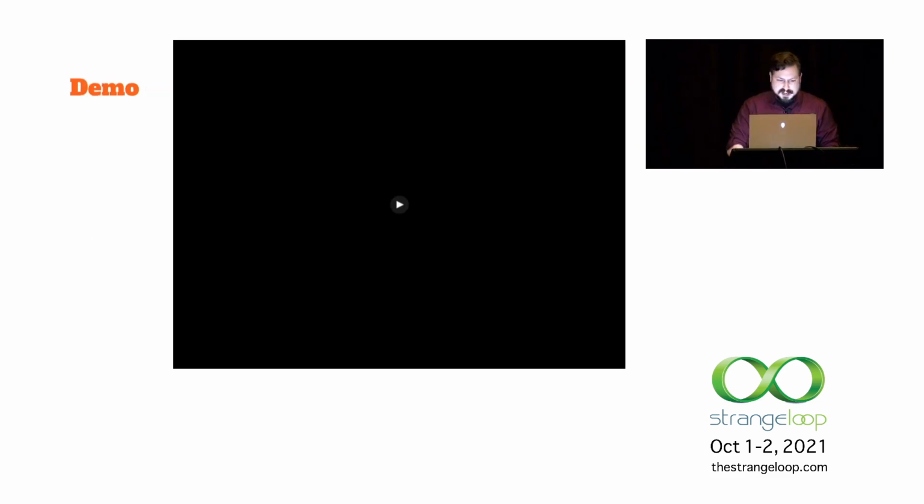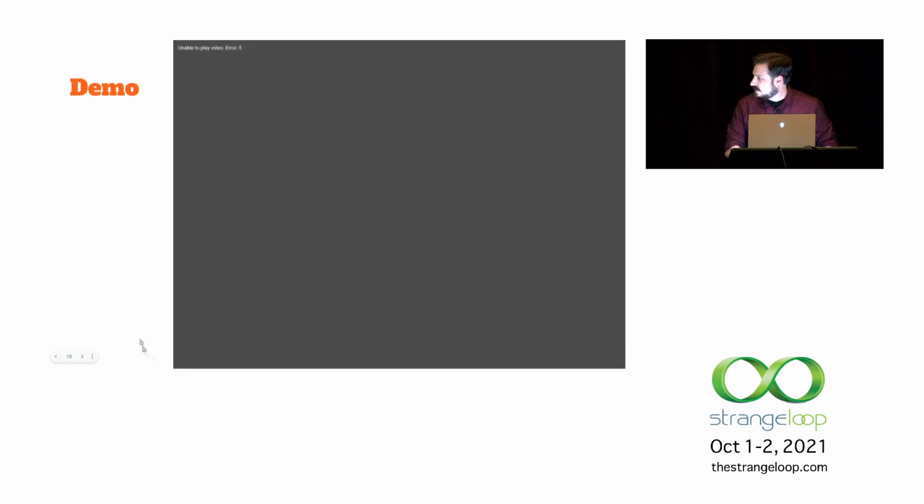Here is a demo of that. So here's, assuming this plays. Maybe. Unable to play video. Well, great. The whole point of pre-recording this demo was to prevent exactly that.